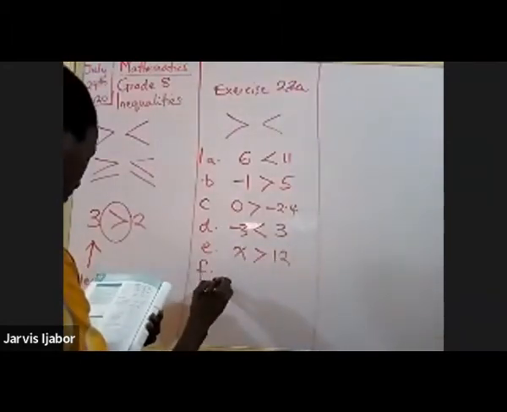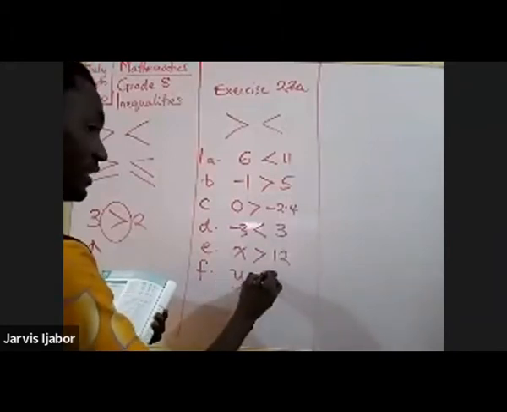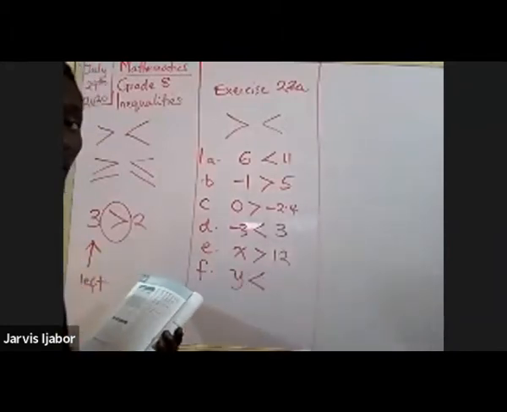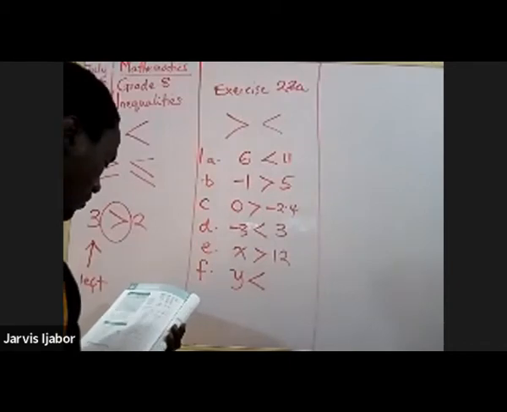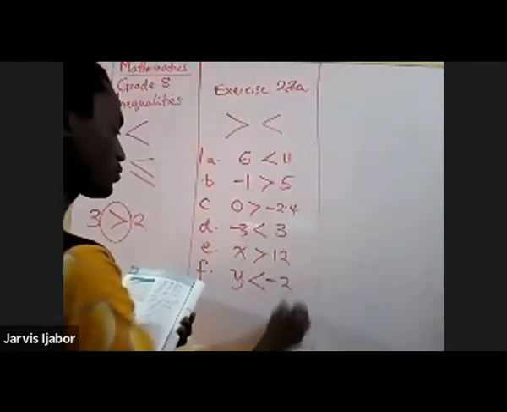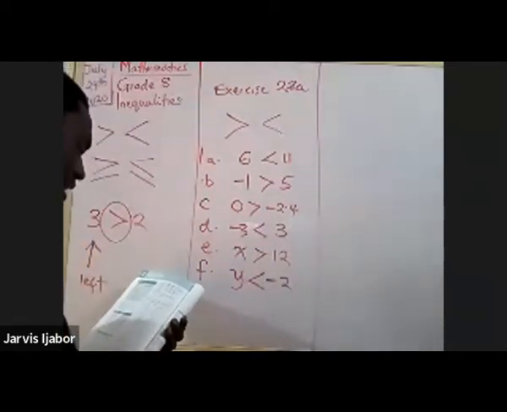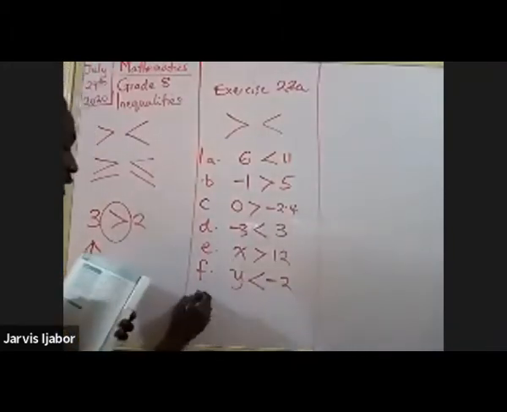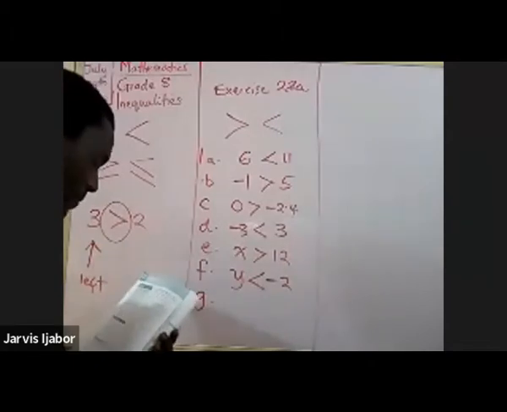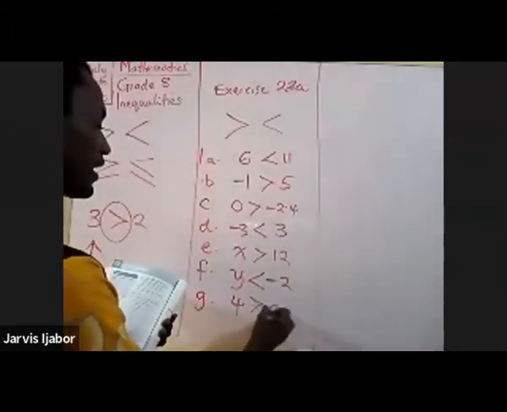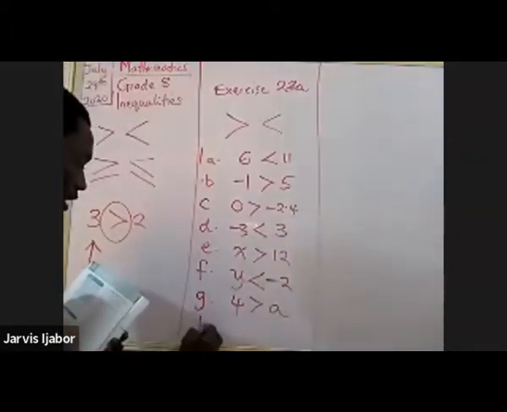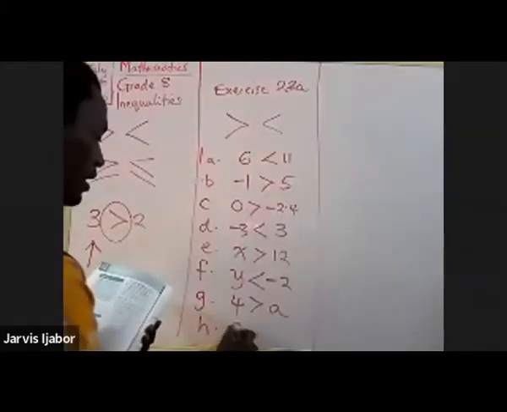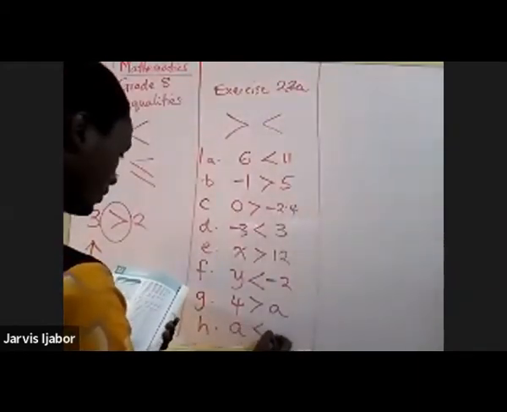F, Y is less than -2. Oh, sorry, Y is what? Less than -2, which means -2 is greater than Y. G, 4 is greater than A. H, A is less than what? 4.